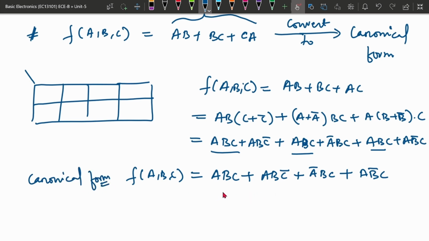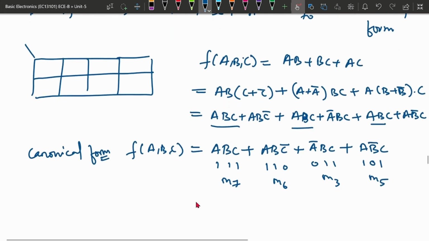If it is in canonical form, we can write it in respective min terms. ABC is 1, 1, 1. ABC bar is 1, 1, 0. A bar BC is 0, 1, 1. AB bar C is 1, 0, 1. So this is M7, M6, M3, M5.